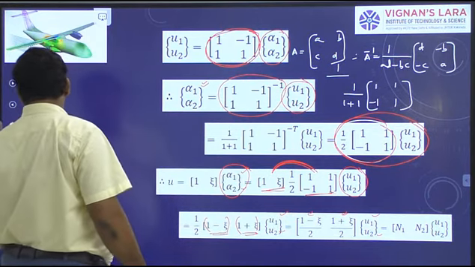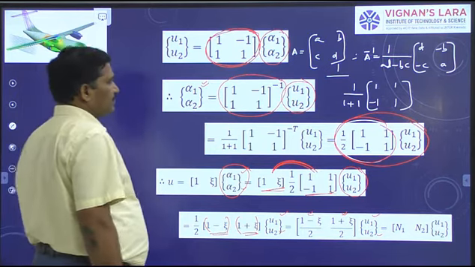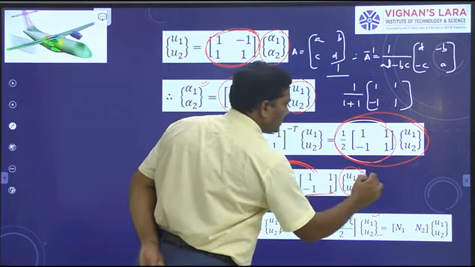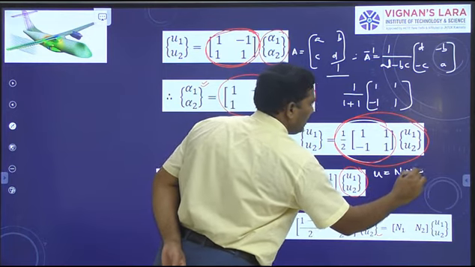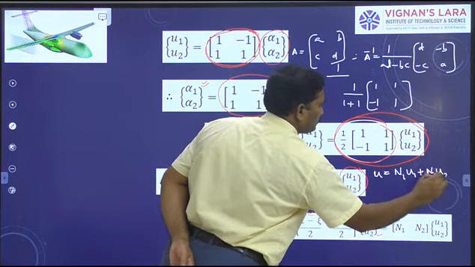What is the general form for the displacement function? The general form for the displacement function is u equals n1 u1 plus n2 u2.